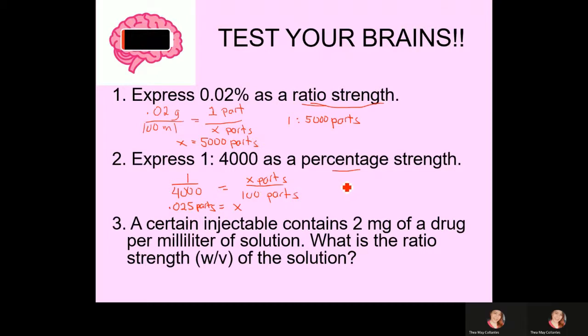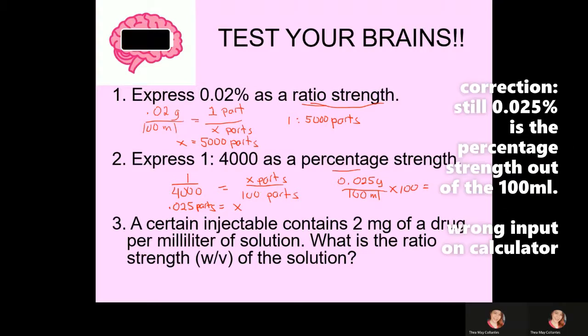So the percentage strength is about 0.025 grams over 100 ml. So overall, this times 100 would be representing about 2.5%. So 2.5% is your percentage strength. Okay, so that would be it.